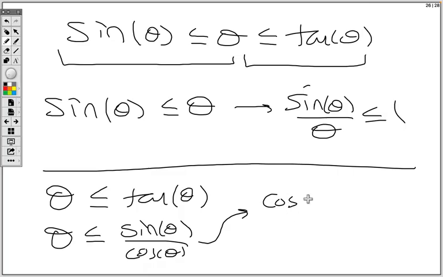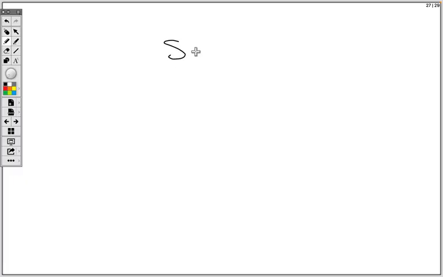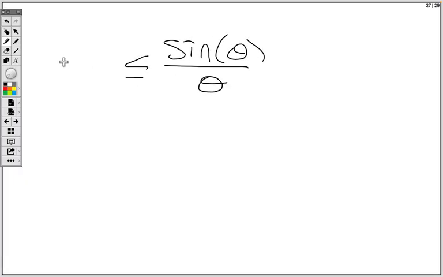And I can get that the cosine of theta is less than or equal to sine of theta over theta. So now I've got the function I don't know about sandwiched or squeezed between two functions I know about.